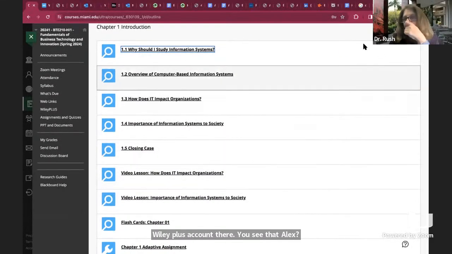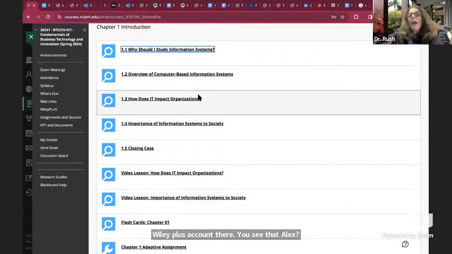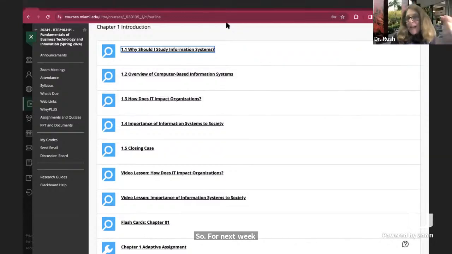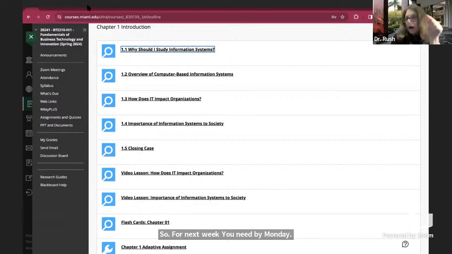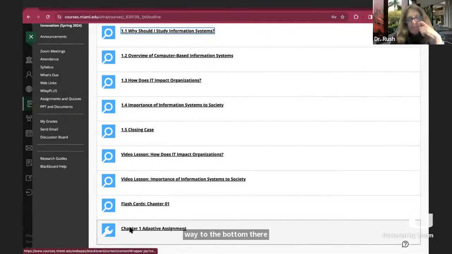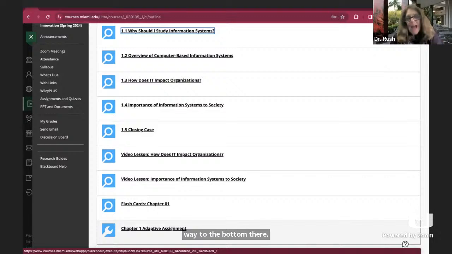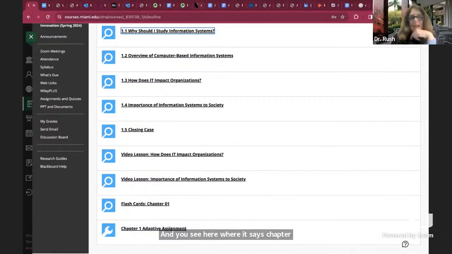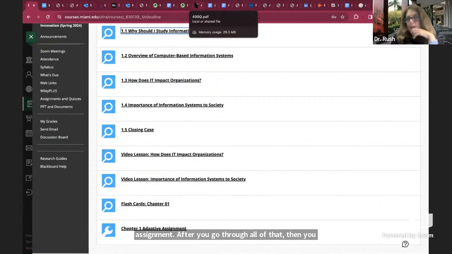So for next week, by Monday, go ahead and create a Wiley account. And then, Alex, do me a favor, go all the way to the bottom there. You see here where it says chapter 1, adaptive assignment. After you go through all of that, you do the chapter 1 adaptive assignment.